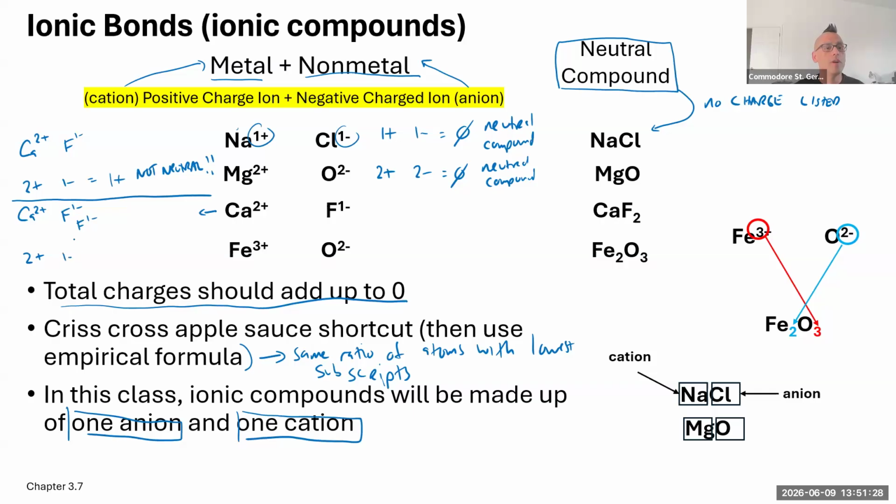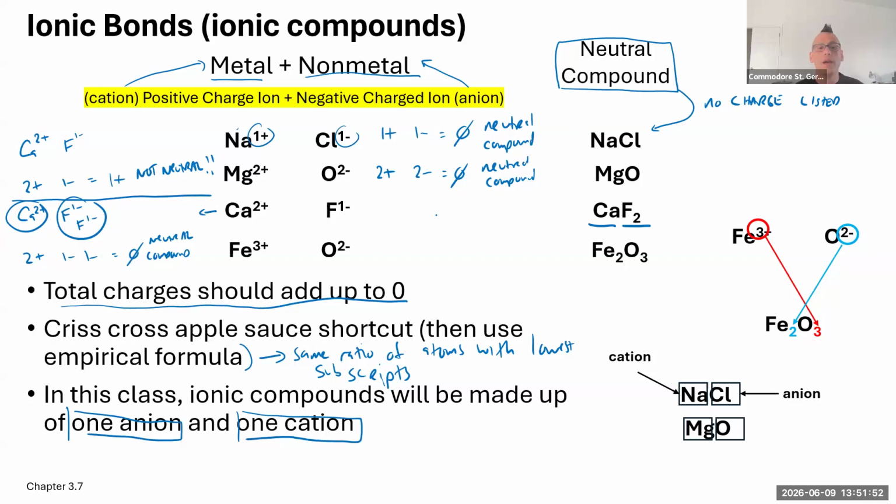Now we have 2 plus and two 1 minuses. That's going to be 0. Neutral compound. So we have 1 calcium, 2 fluorine. So we write it as 1 calcium, 2 fluorines.